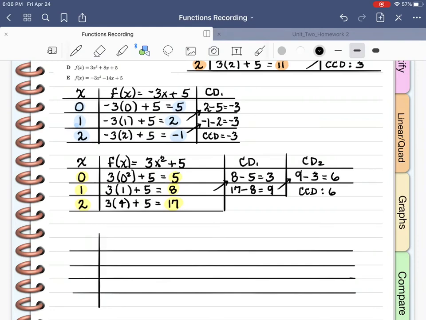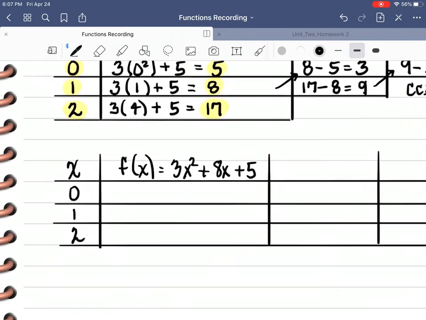We're going to do our input, our function, our first consecutive, and then our second consecutive difference. So x's, 0, 1, and 2. f of x this time is 3x squared plus 8x plus 5.